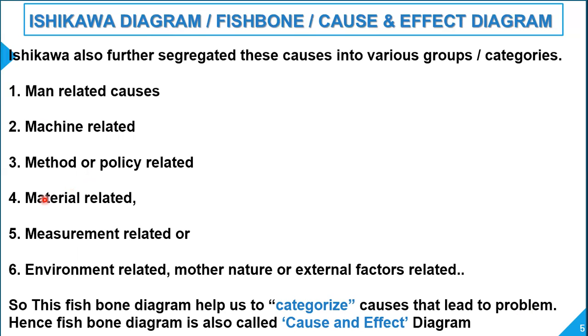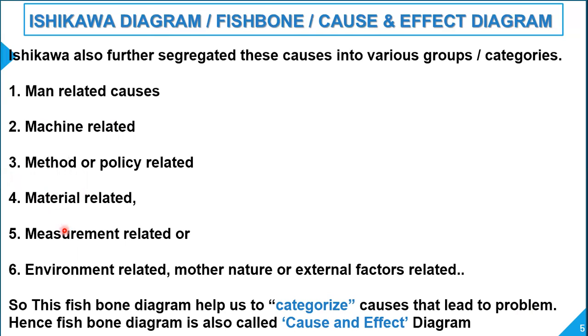Next is material-related causes, raw material related causes. Suppliers not fulfilling the requirement or not giving the right quality of raw material, or any other things regarding materials which we use as an input to the process and further convert into output. So those are material-related causes.